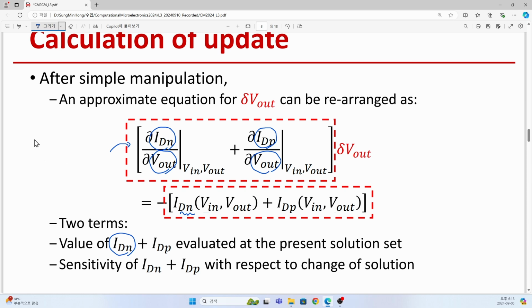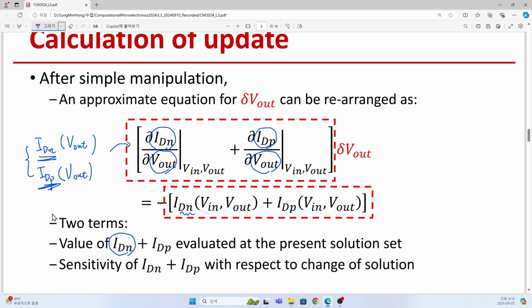Then, of course, in order to calculate this derivative, we must first of all identify the functional form of IDN on V out and also IDP on V out. But fortunately, these terms are known to us already, although they are divided into several operational regions.